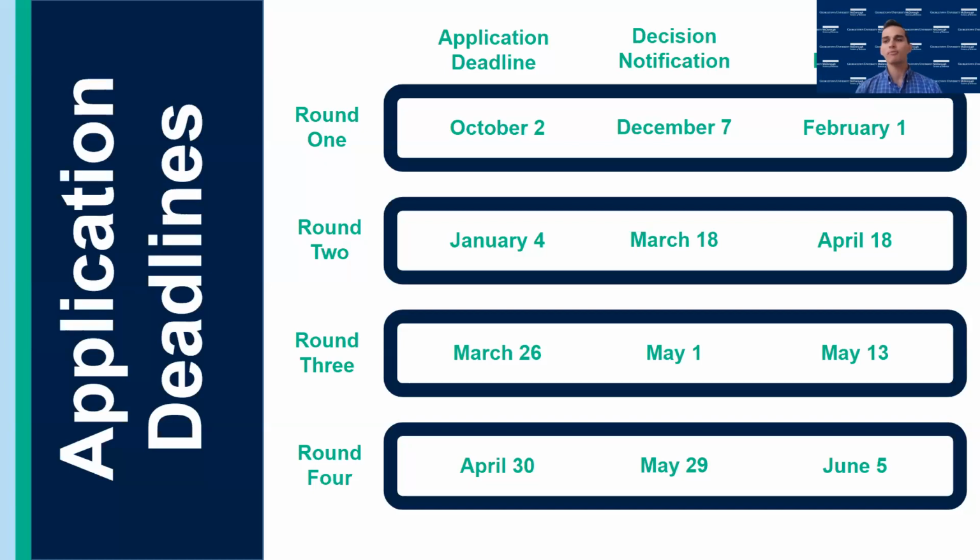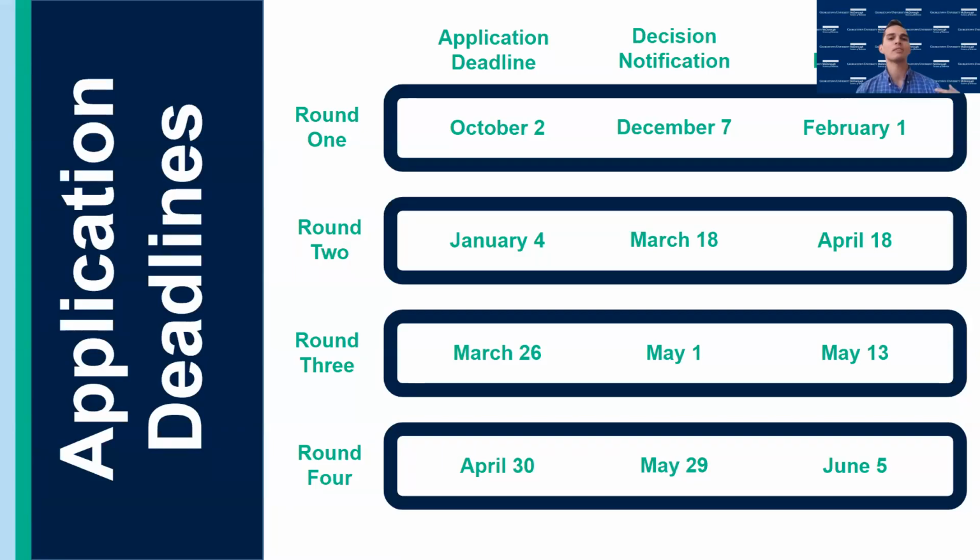And then one thing I want to note before we get into questions and whatnot, interview invites. So let's use round two again as an example. If you are a round two applicant, you can get interviewed anytime between January 4th and March 18th. There's no particular order that we go in terms of interview invites.